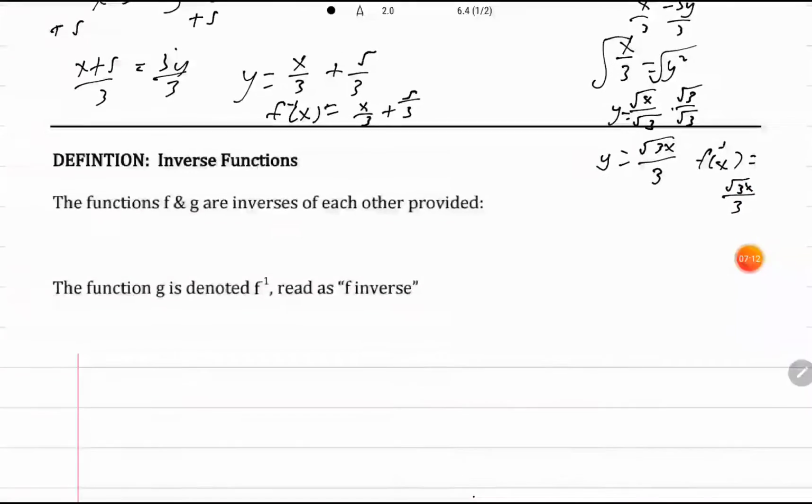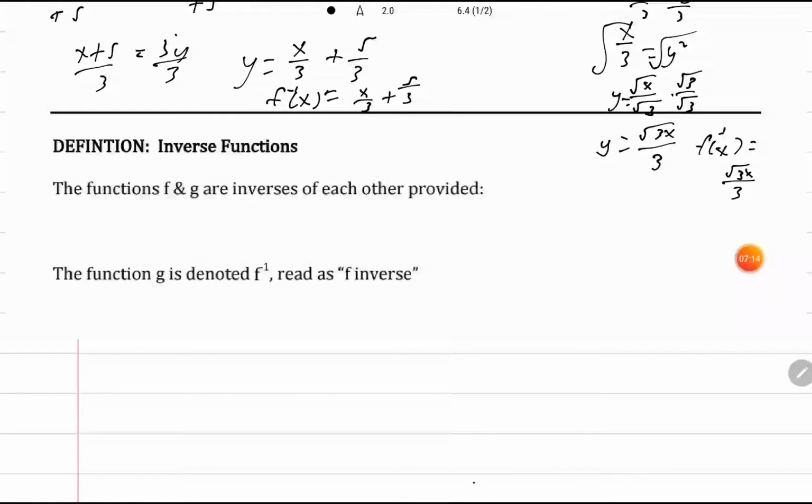Inverse functions. Functions f and g are inverses of each other, provided that if you do f composed with g, which is f of g of x, that equals x, and g of f of x also equals x. That means they are inverses of each other.